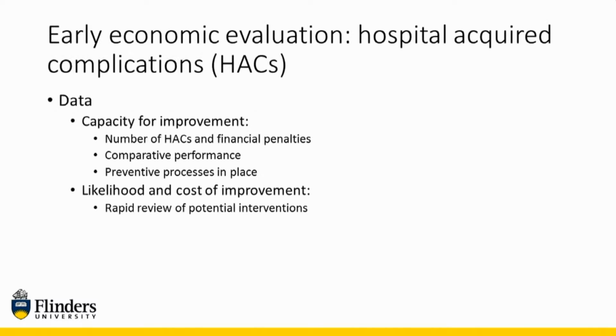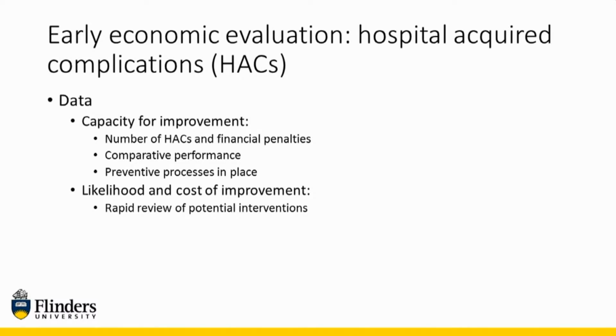So an example I'm going to use to illustrate these concepts is around hospital-acquired complications. If we think right at the start of that process where we're thinking, right, we want to address hospital-acquired complications, what data do we have? We have some data that can be accessed quite easily on capacity for improvement. We've got data on the number of different types of HACs that are occurring.